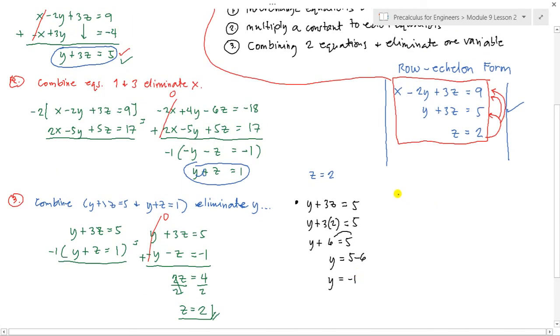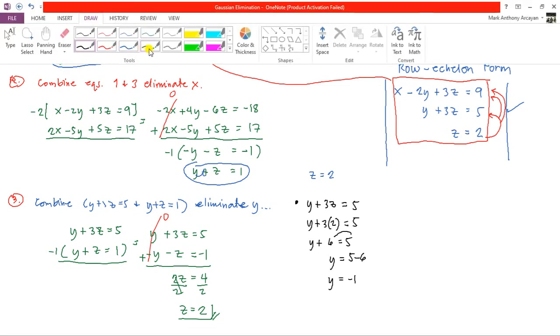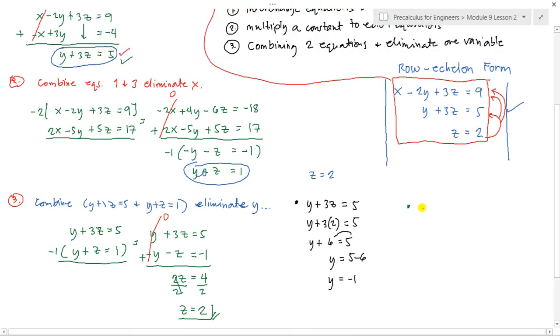Next, since we now have y, the last one is x. So, for x, use equation 1 from the row echelon form. That is x minus 2y plus 3z is equal to 9. And then, substitute the values of our z and y.